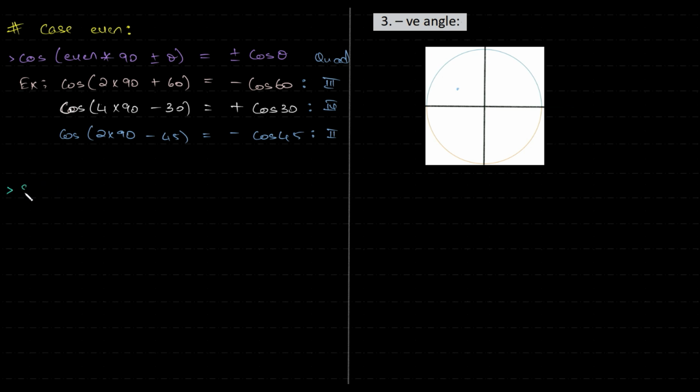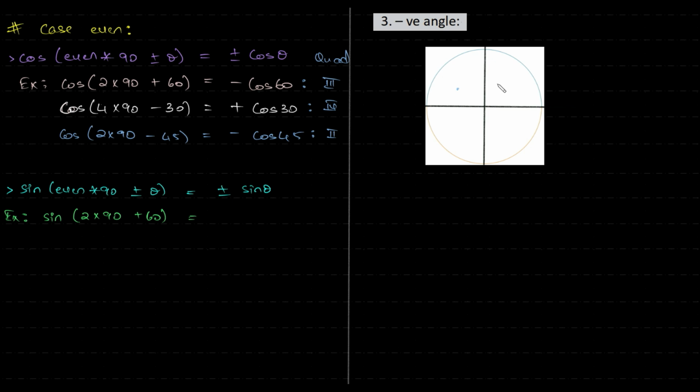case for sine. Sine of even multiple of 90 plus or minus theta is equal to plus or minus sine theta. Right? So, for example, we have sine of 2 into 90 plus 60.